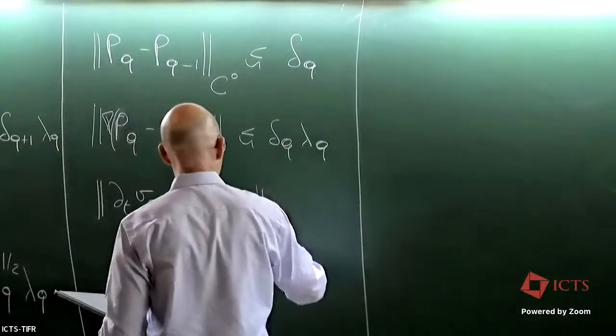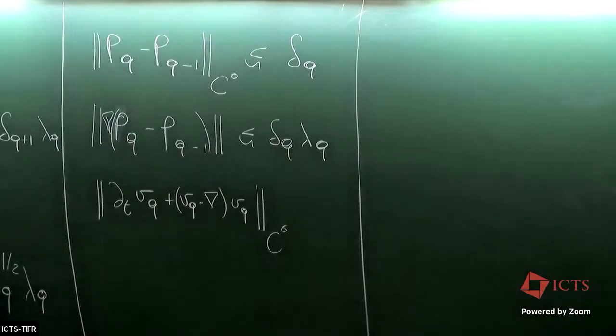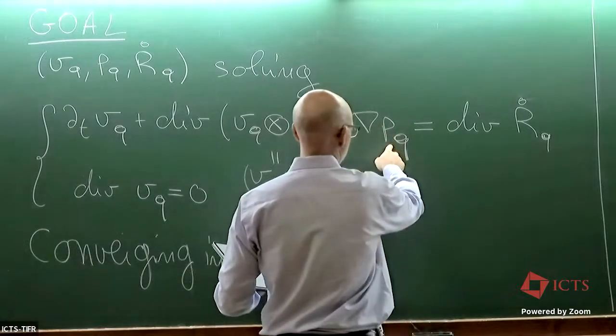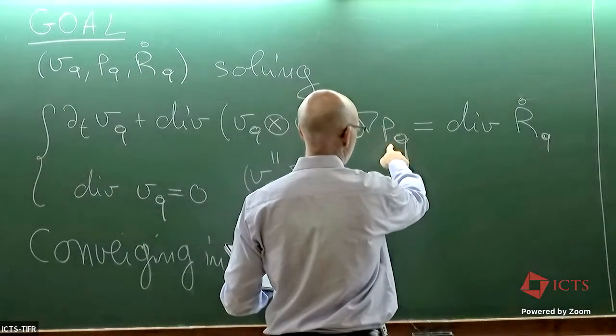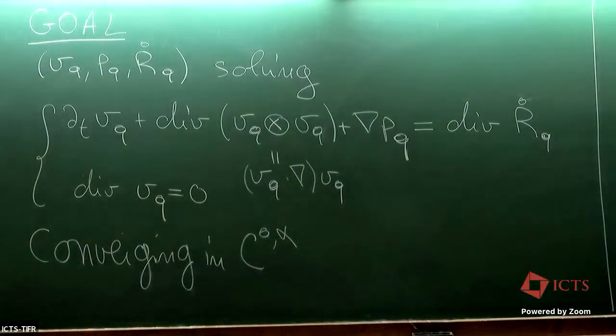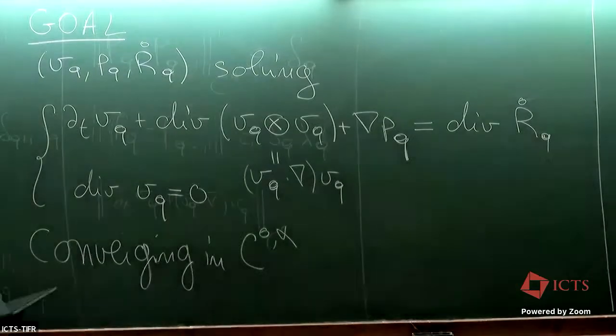If you put the gradient of PQ on this side, it is of the size of the gradient of the pressure, which is going to be of the size of delta Q lambda Q, because the pressure will also not converge in C1.